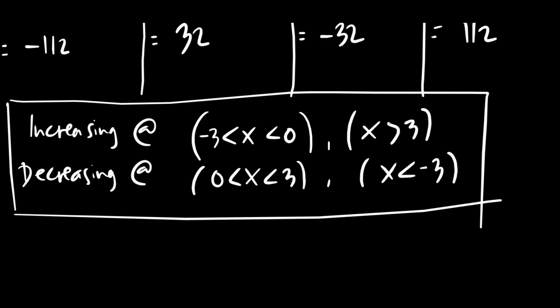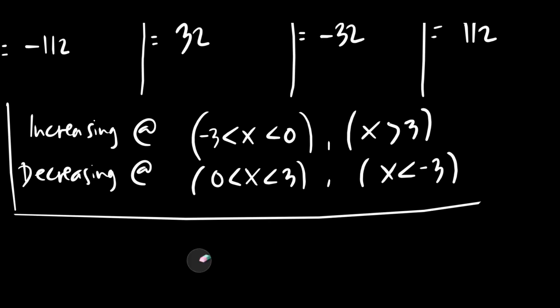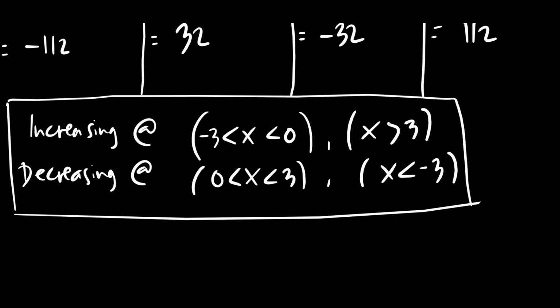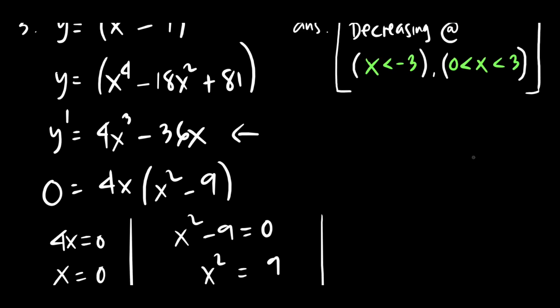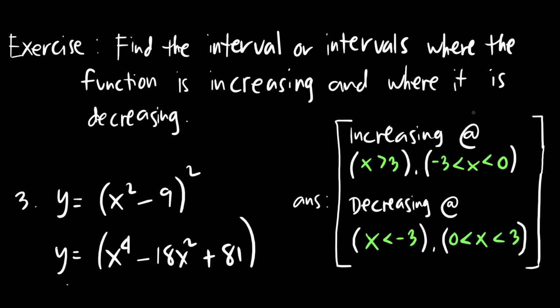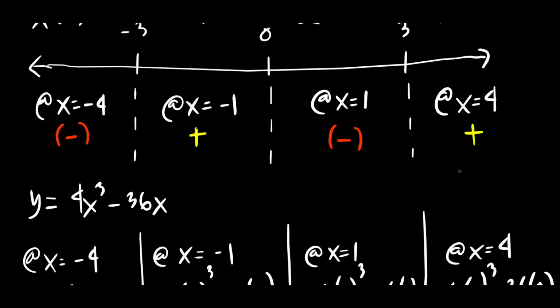So let's check if our answer is correct. For increasing, x is greater than 3 and x is greater than negative 3 but less than 0.